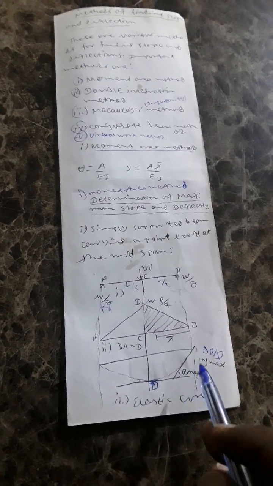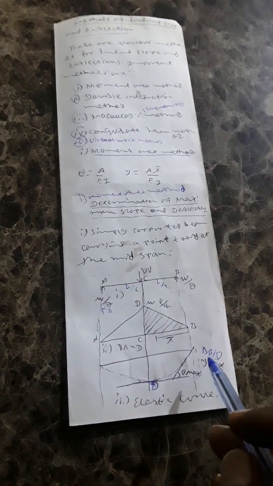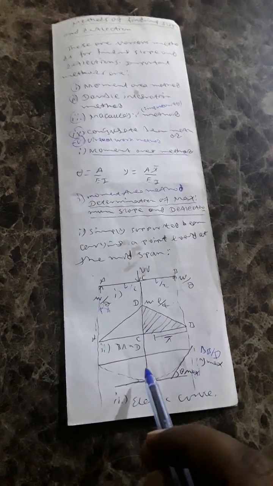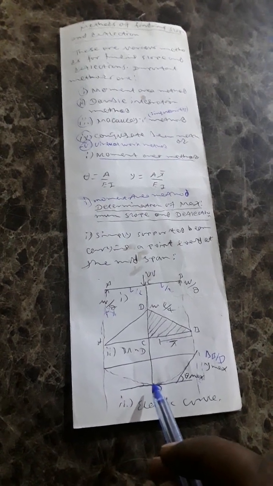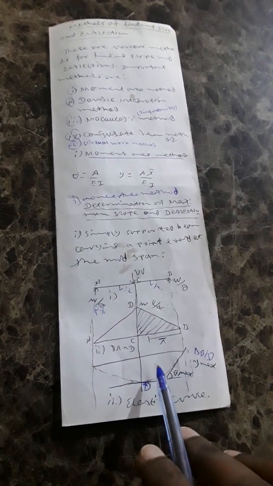The tangential difference between them is the deflection of B relative to D. This deflection of B relative to D is equal to the deflection at D. So we calculate the deflection of B relative to D by calculating the area between D and B, multiplying this by the centroid distance from B to this point.